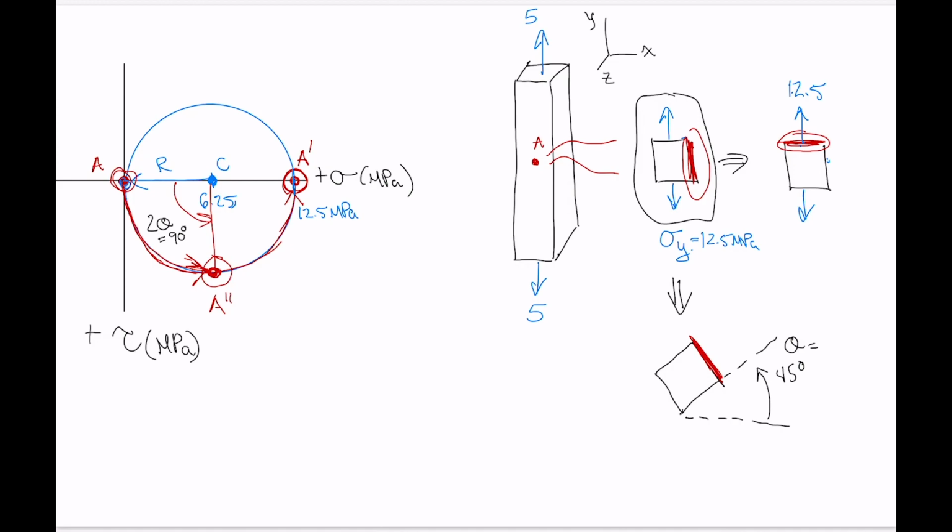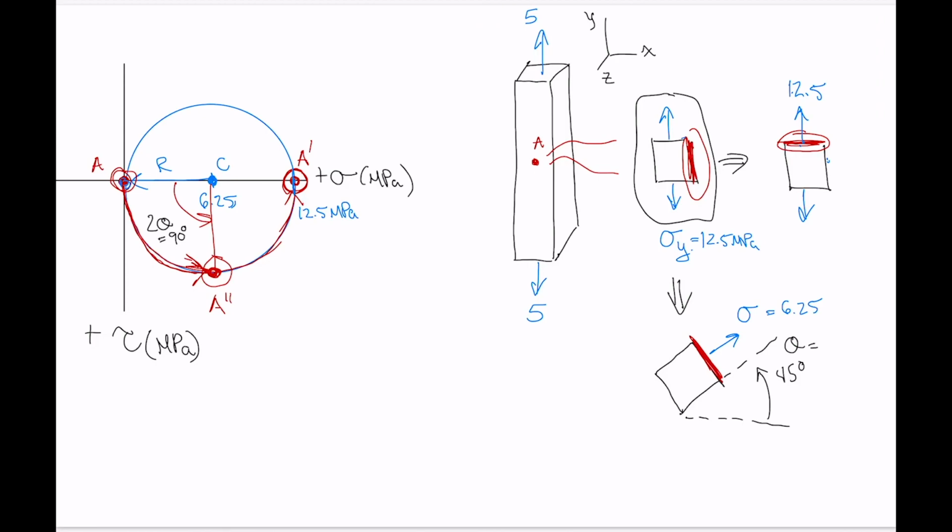Again, the stresses on this right-hand side that we've drawn are given by the coordinates of A double prime. We've got an x-coordinate of 6.25, and that's a positive value, so that gives us the normal stress acting on this side. So this is sigma equals 6.25.